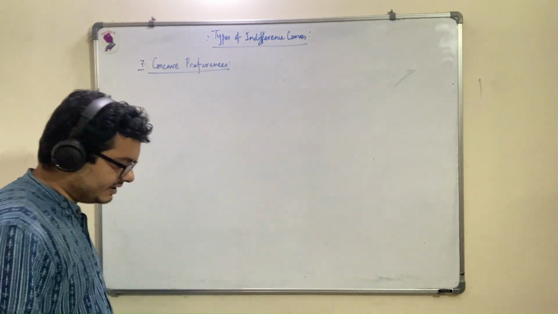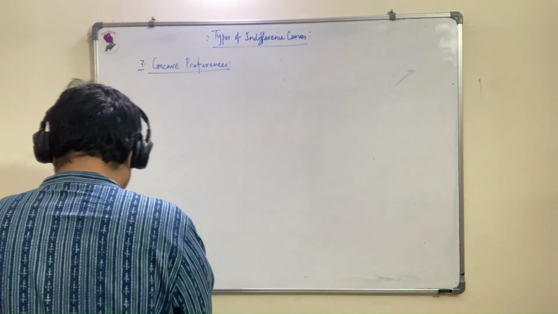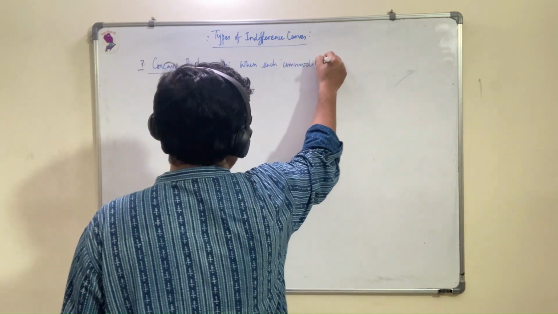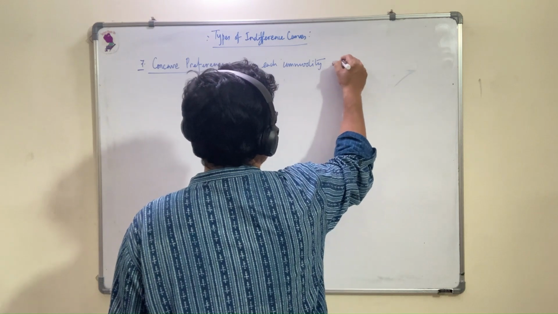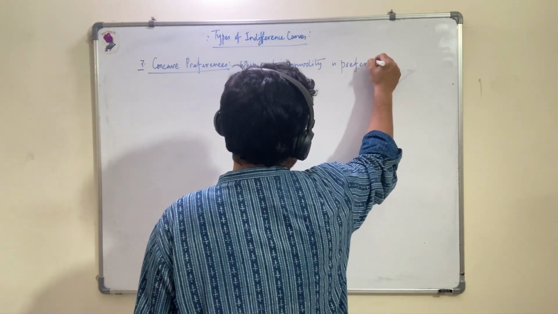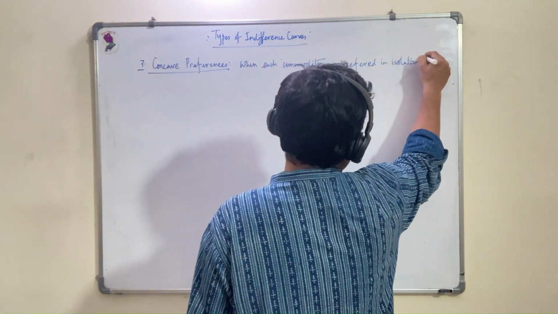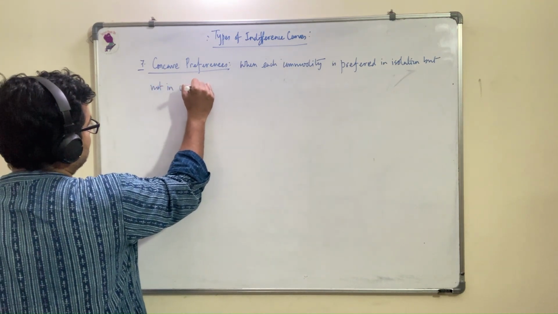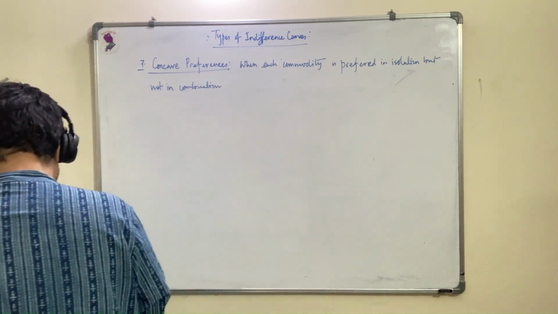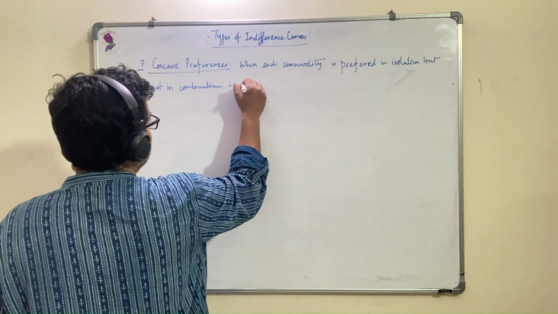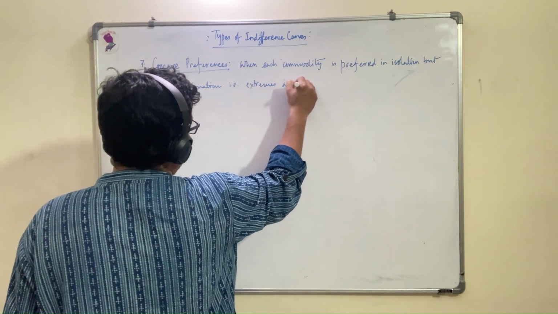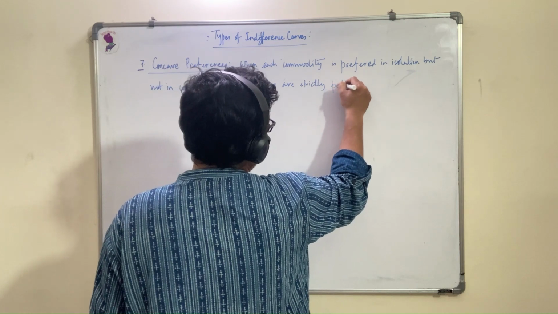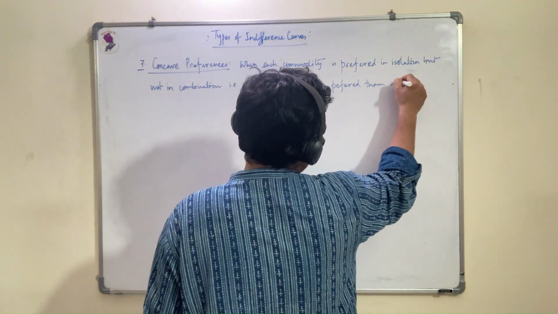Extremes are preferred to the average. So when each commodity is preferred in isolation but not in combination, that is, extremes are strictly preferred to averages.